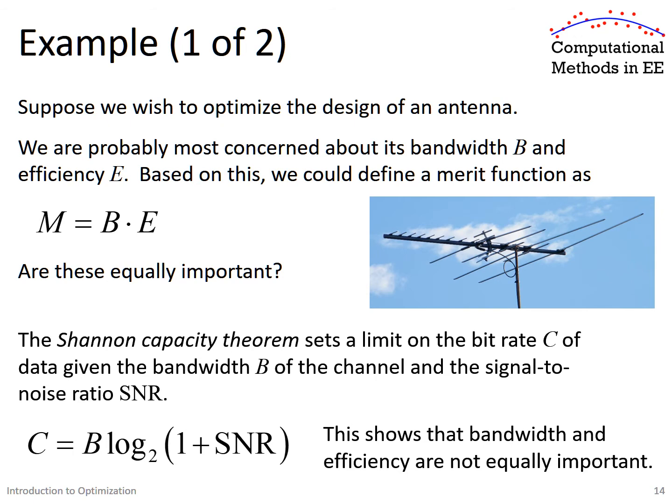And so right away, we see that bandwidth is outside of the log, and the signal to noise ratio, which is more indicative of the efficiency of the antenna, is inside the log and being suppressed. So the E term up here in our initial merit function, I would say should be suppressed compared to the B. So I decided to go with a merit function that was inspired by the Shannon capacity theorem.